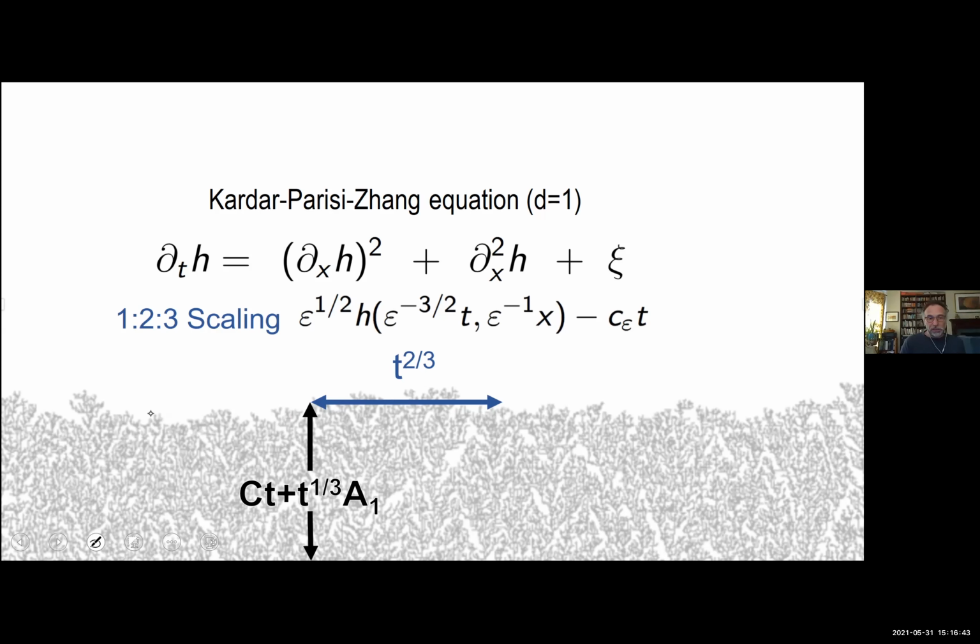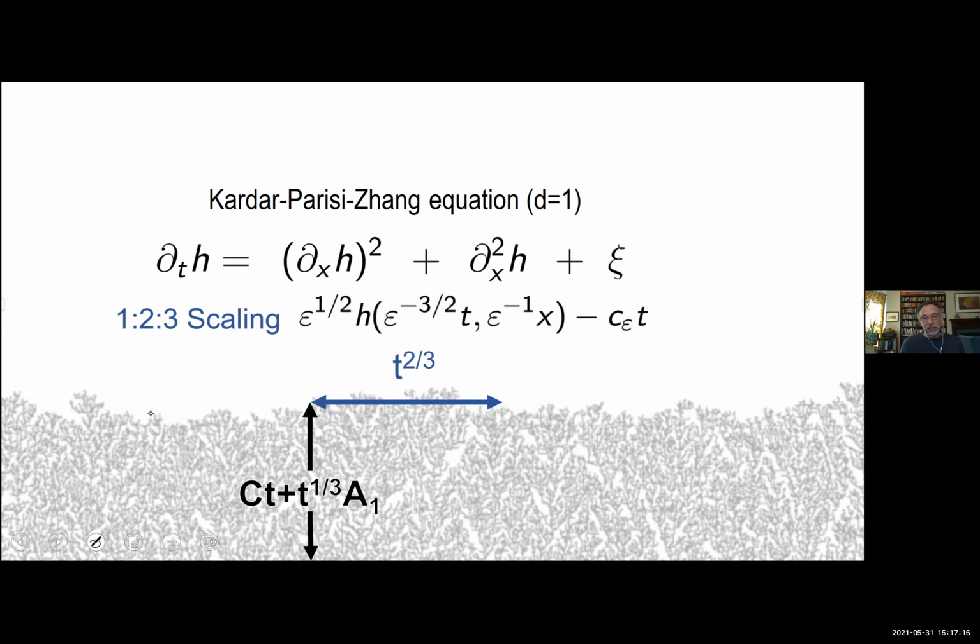And of course, this rescaling is exactly the same thing as saying that the fluctuations are of size t to the 1/3. So t here is epsilon to the minus 3/2. So the fluctuations are of size epsilon to the minus 1/2. And so they have to be scaled down by epsilon to the 1/2 to see something. And the lateral scale is epsilon to the minus 1, which is time to the 2/3. So this is saying exactly the same thing.